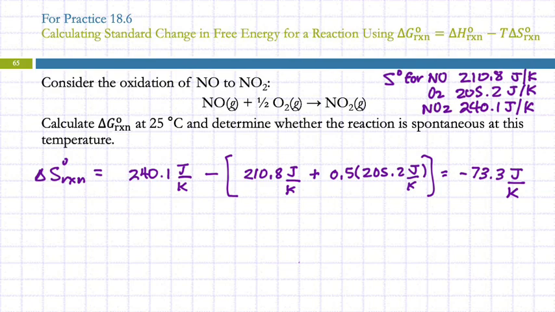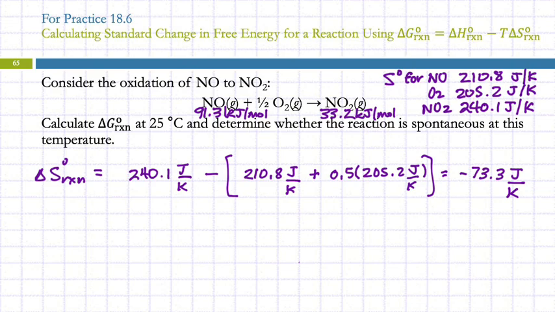And then we're going to do the same thing for delta H. I'm going to try writing the delta H's in here. So NO is 91.3, and that's kilojoules per mole. And NO2 is 33.2 kilojoules per mole.